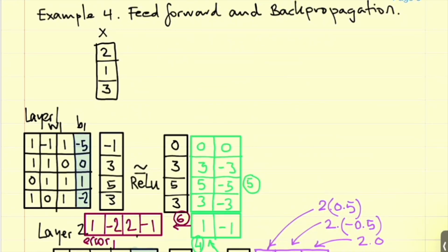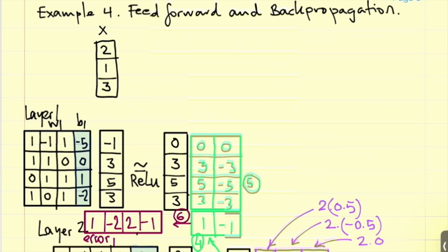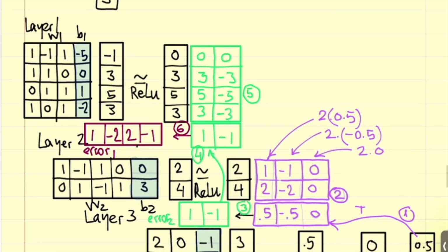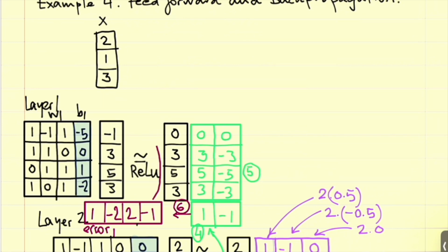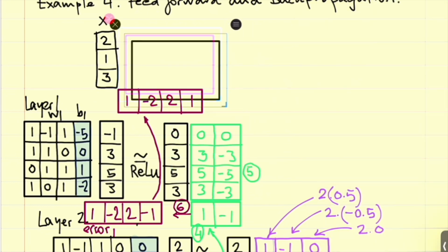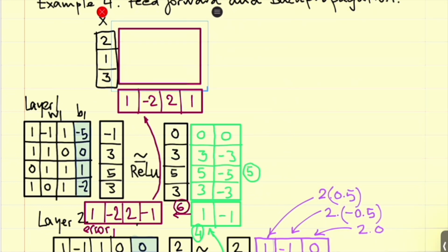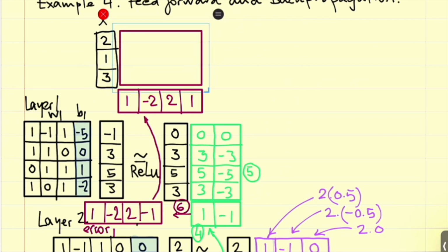We translate this again into the new world. Okay, transpose it. One, minus 2, 1. Okay, and then we get our new weight matrix.